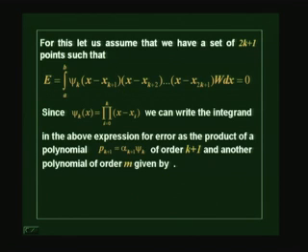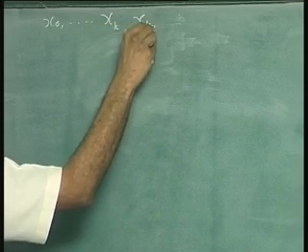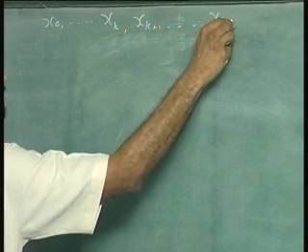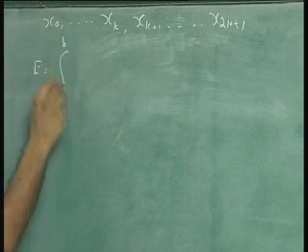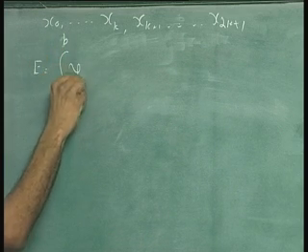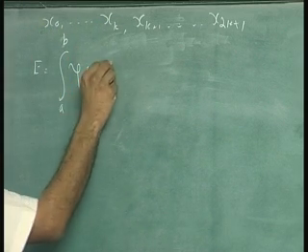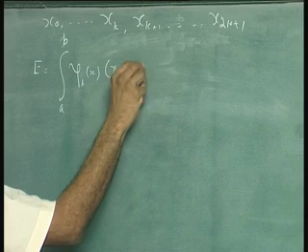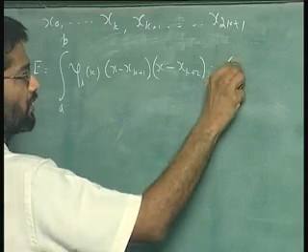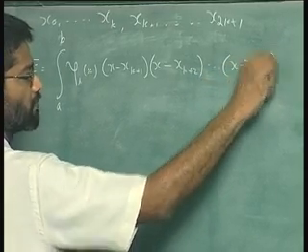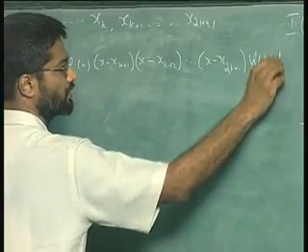So, the final error, assuming that we chose all the points starting from x0 to xk and then xk plus 1 to x2k plus 1, assuming that we can choose all of these, or we chose these points such that a to b, psi k, which we know is the product of x minus x0 to x minus xk, and then you have x minus xk plus 1, x minus xk plus 2 up to x minus x2k plus 1, into w of x dx.